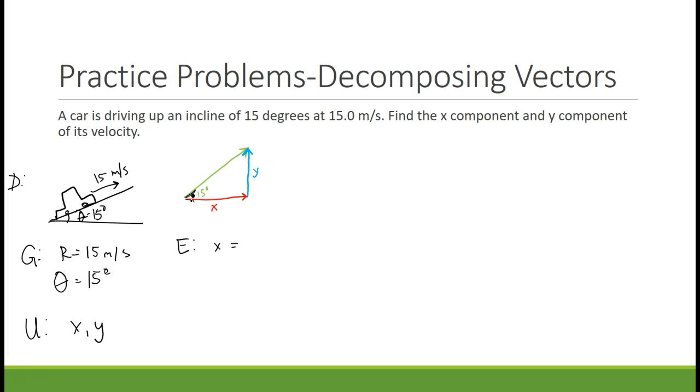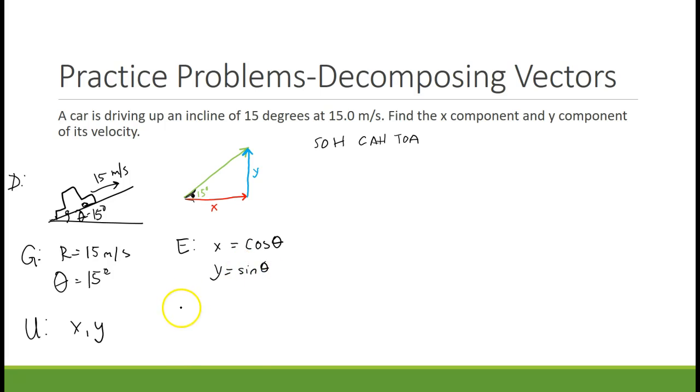Oh, pretty. X is adjacent. So if I look at SOHCAHTOA, if you need to write this on tests, I highly encourage it. It's a good way to remember it. So opposite over hypotenuse, adjacent over hypotenuse, opposite over adjacent. So adjacent is going to be cosine. So x equals r cosine theta. And then y equals, so good rule of thumb, if one of them is cosine, the other has to be sine. Okay, so we got y equals r sine theta.